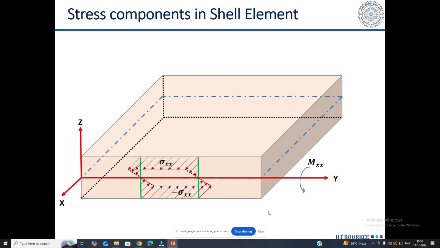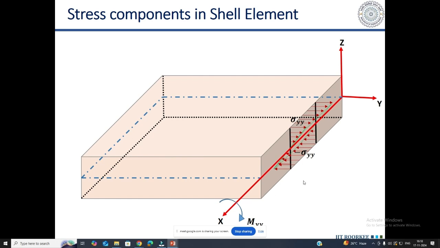If you see, earlier we applied the moment about y axis, but the name is mxx because it was acting in the x plane, and the stresses were directed along the x direction. Similarly here we are applying the moment about x axis, but it is causing the stresses in the y plane and in the y direction.